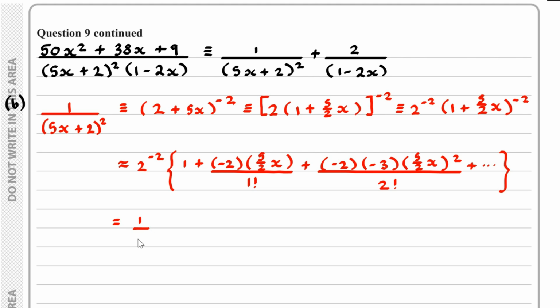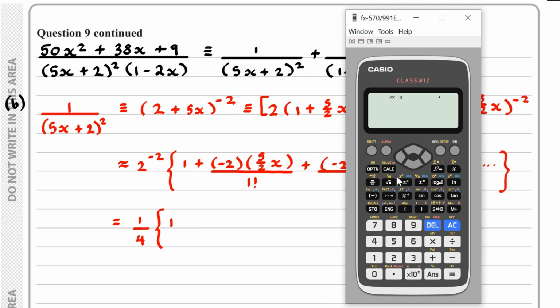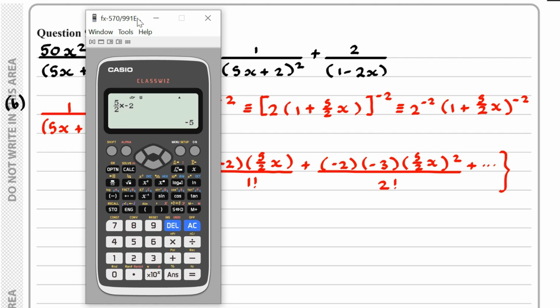So we've got 1 over 4 multiplied by 1, and then here we've got 5 over 2 times minus 2, which is minus 5x, of course we're dividing that by 1 factorial, and then here we've got minus 2 times minus 3 times by 5 over 2 x squared over 2 factorial.